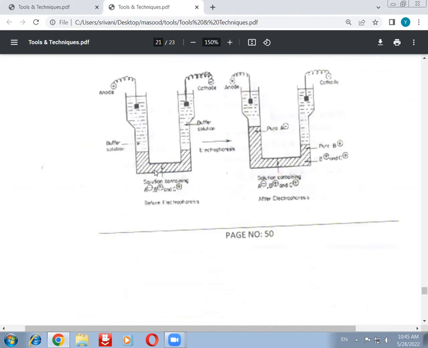If you think of this as a cell, this is known as the cell. Positive ions as well as negative ions are there. So when you pass the electricity, the cations and anions move: cations go to the cathode, anions go to the anode.